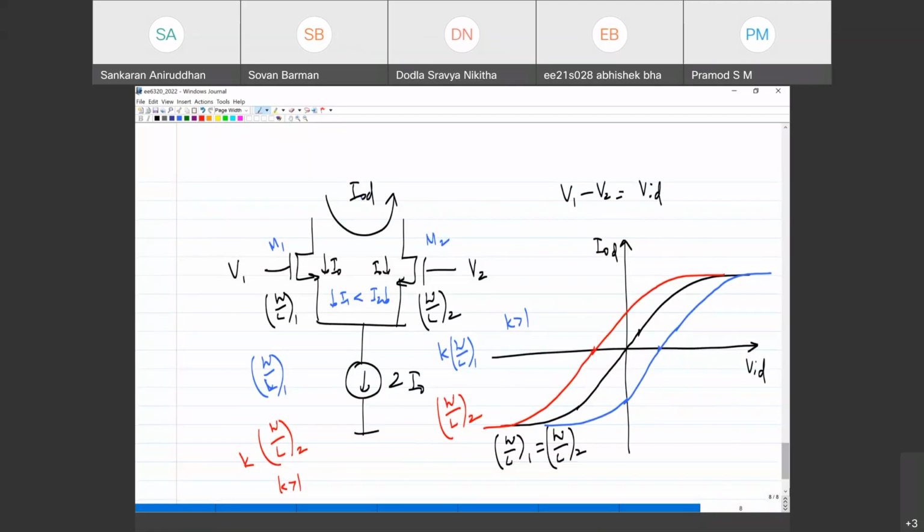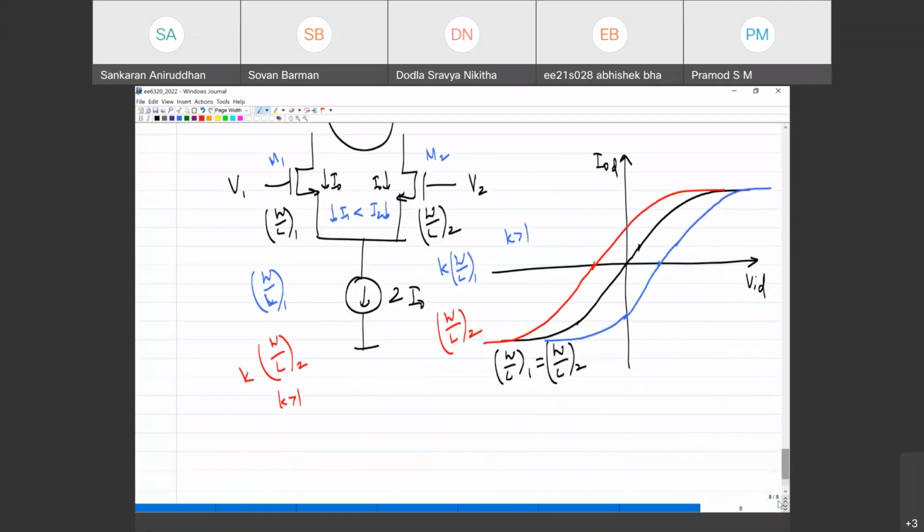Imagine you're plotting GM as a function of VID. What is GM as a function of VID? When the two currents are equal, you will get maximum GM, which is GM1, and then it will start falling off.